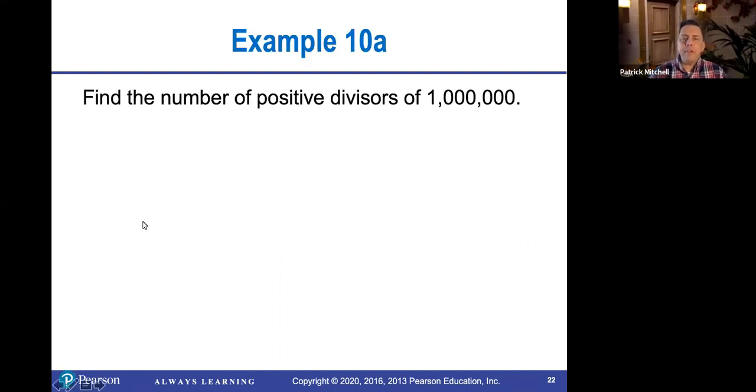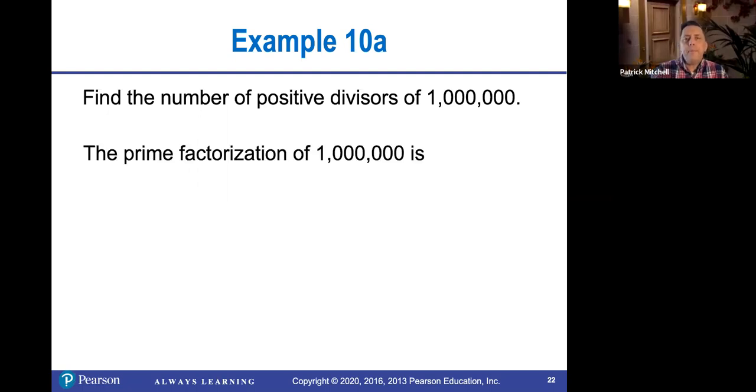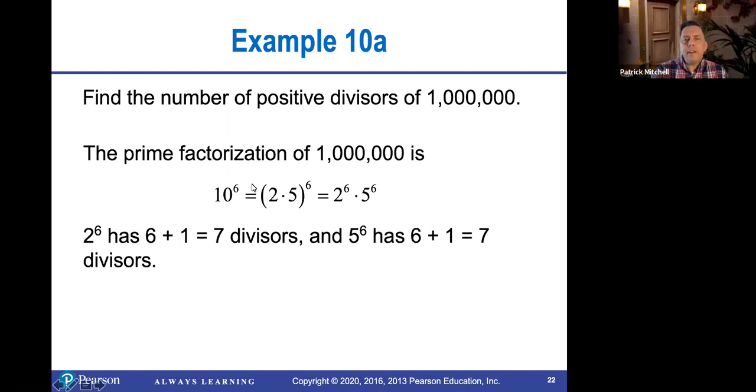Here are some examples. To find the number of positive divisors of 1 million, we need to first find the prime factorization of 1 million. And they did that in kind of a clever way. They wrote 1 million as 10 to the 6th.